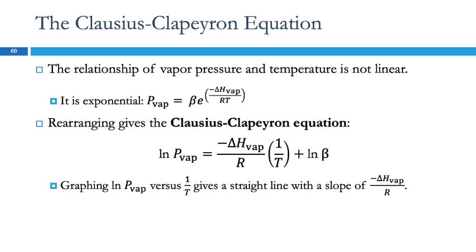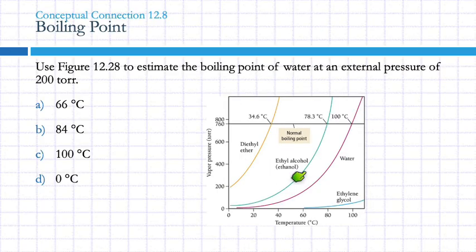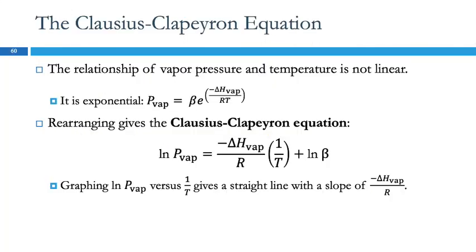Well, looking at that graph, let's look at it real quick again. These are not lines, are they? That relationship is not linear. It's an exponential relationship. This is the equation. And you can rearrange that equation into a linear form, and that's known as the Clausius-Clapeyron equation.